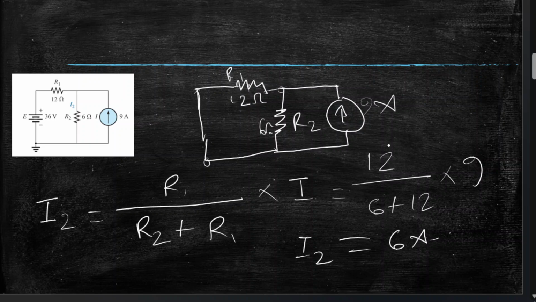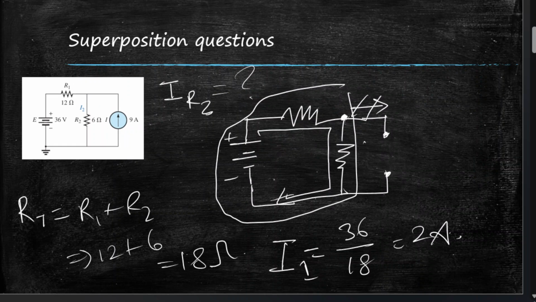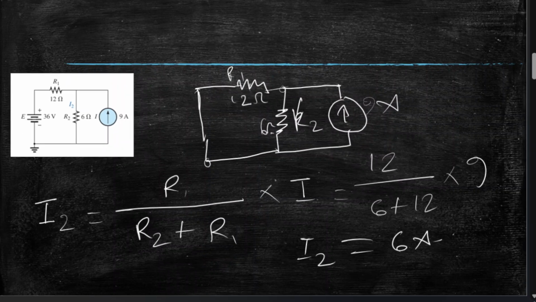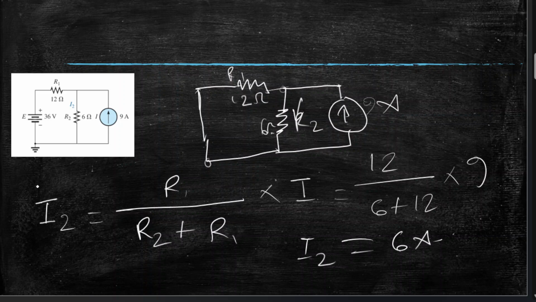So that means due to this current source 9 ampere, we will have a 6 ampere current flow through the resistor R2. Now we have I1 and I2, the two currents flowing due to the two independent sources. Now to find the total current flowing through the 6 ohm resistor, we have to just add them up according to the superposition theorem.